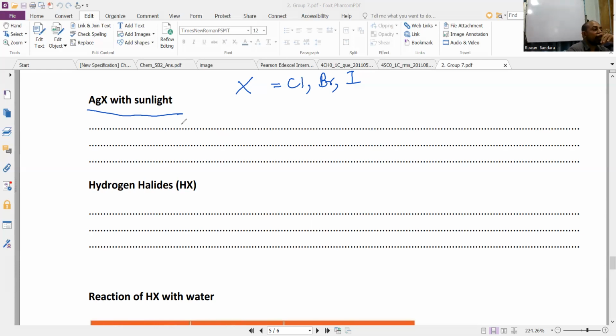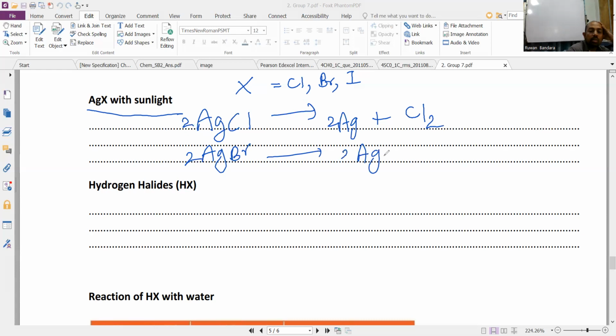When you make AgCl and keep it under sunlight, it becomes Ag and Cl2.